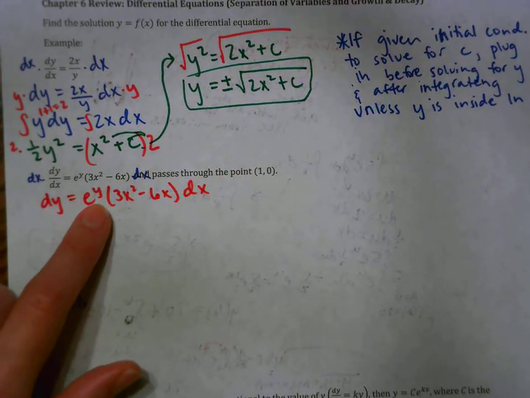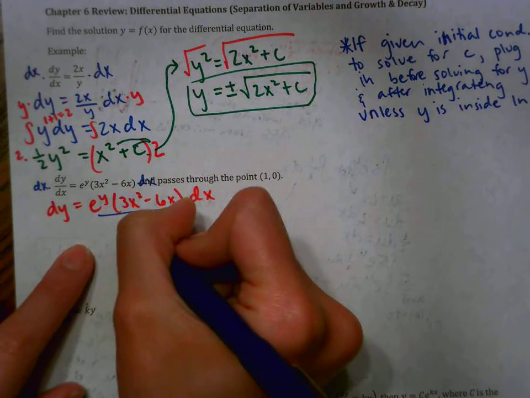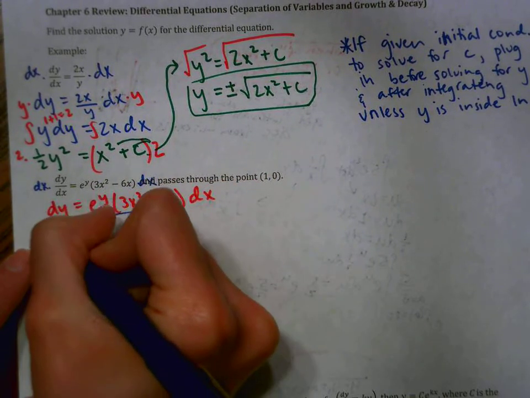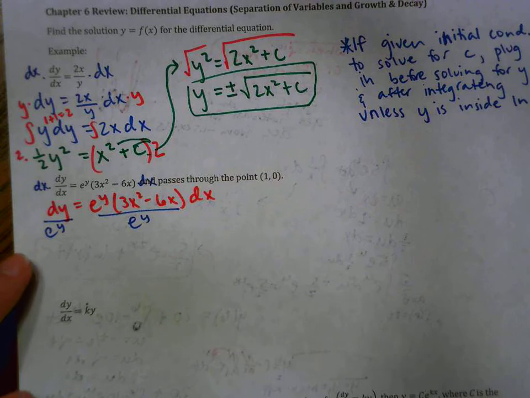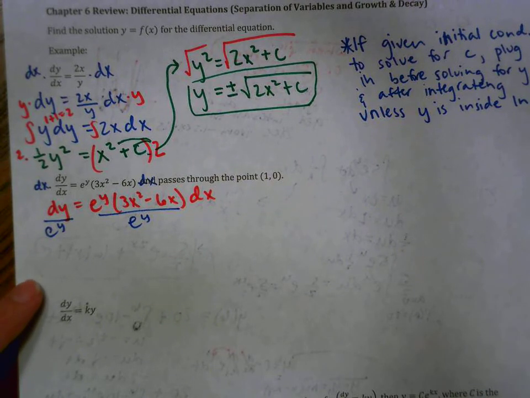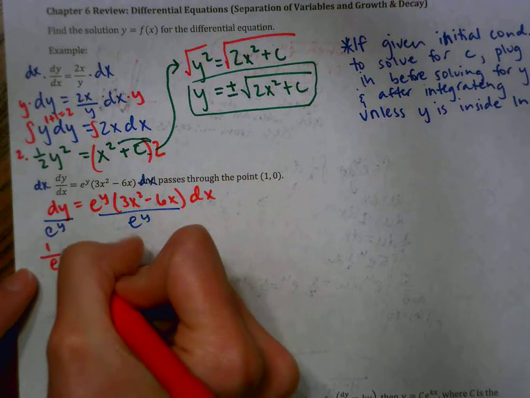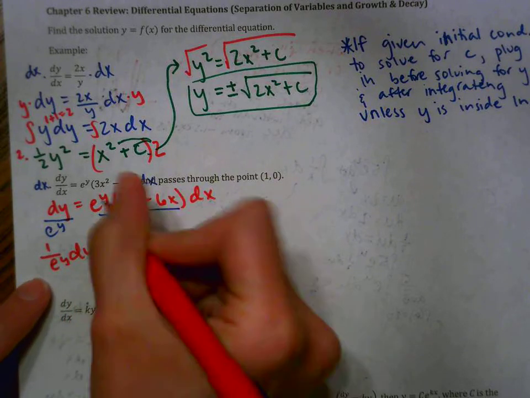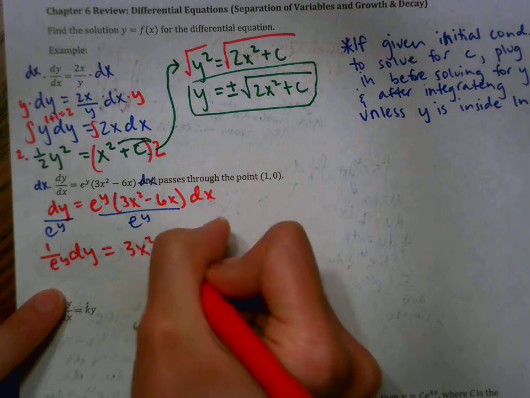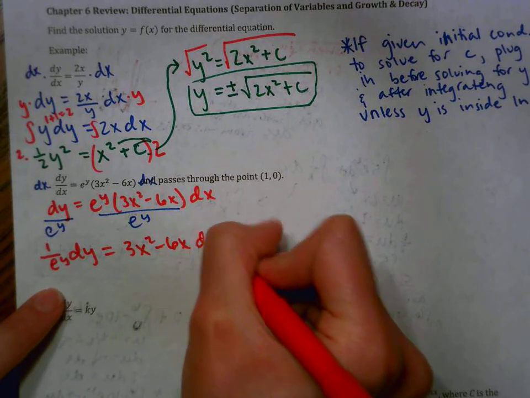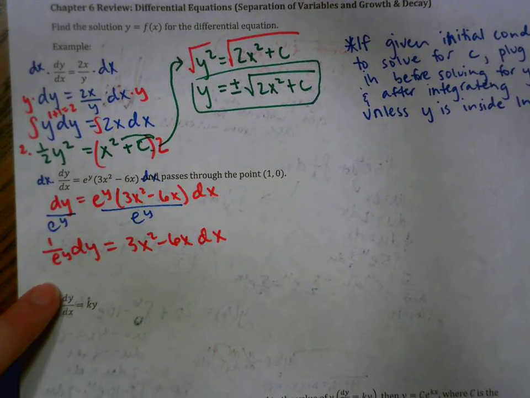So that's being multiplied right now, so we're going to divide it by e to the y. So then we got to divide this side by e to the y. So I'm going to write this as 1 over e to the y dy. And these crossed off, so it's just 3x squared minus 6x dx. So we're ready to integrate.